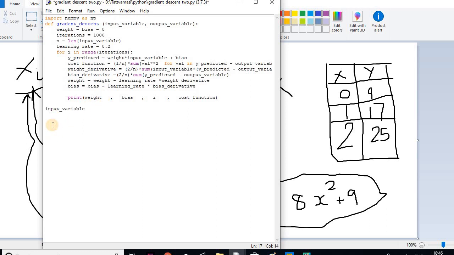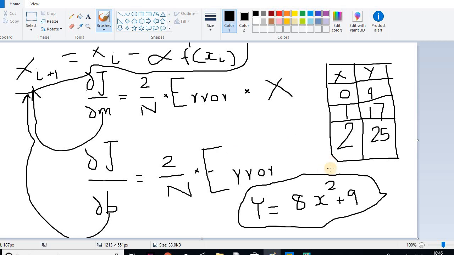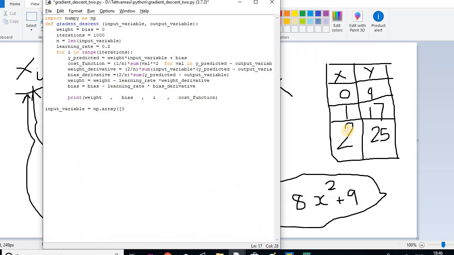So input variable is equal to np dot array, and we will give some values. I already have this column, you have 0, 1, 2 like that. So I am giving 0, 1, 2, 3, 4, and that's the array for the input variable.